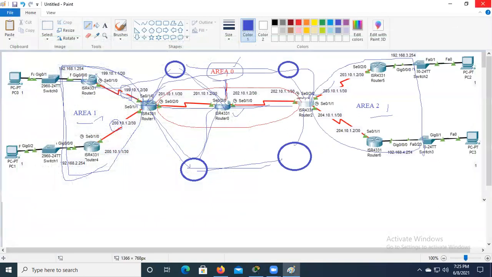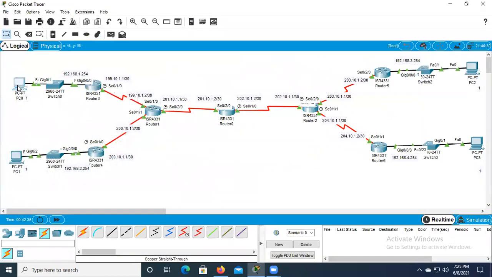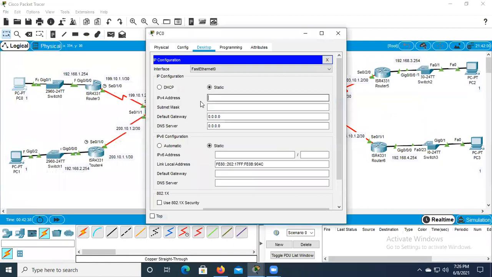Now, by the end, if I'm going for the PC, we didn't assign the IP addresses for them, which is 192.168.1.1, 192.168.1.254.